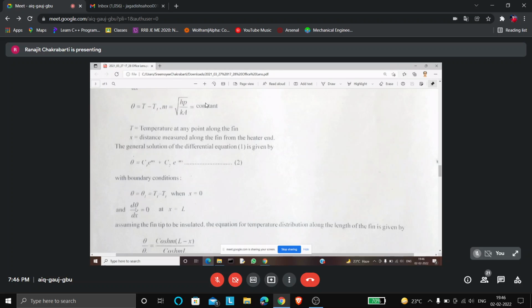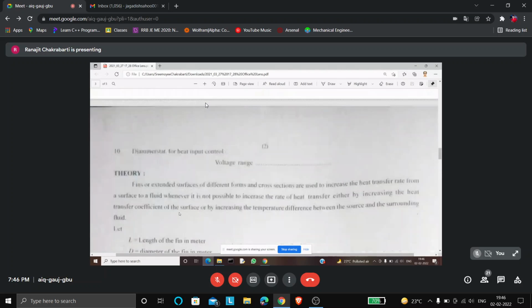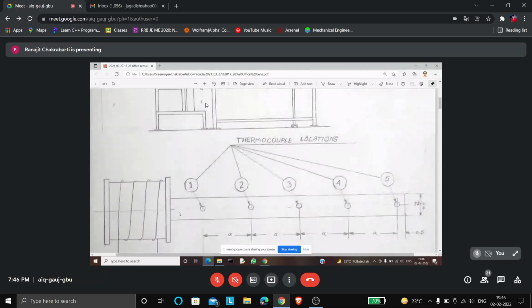Then the second thing is d theta dx equals 0 at x equal to L. L is the length of the fin. The length of the fin we consider in this direction is L. And at x equal to L, we have a wooden block, so that there is no heat transfer here.